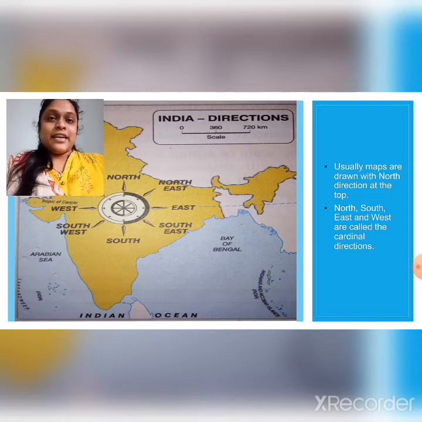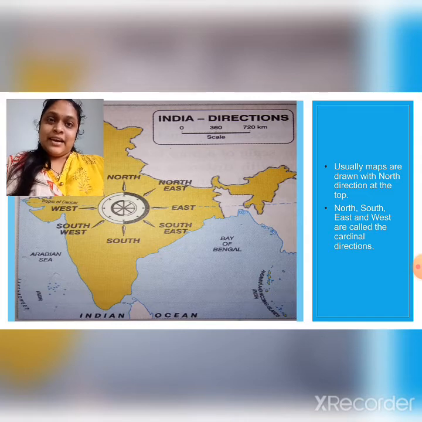These are the eight directions you must remember, and there are only four cardinal directions. If you observe any map, the north direction will be on the top. If you know the north direction, it is easy to locate the remaining directions. South will be at the bottom, east towards your right, and west towards your left.